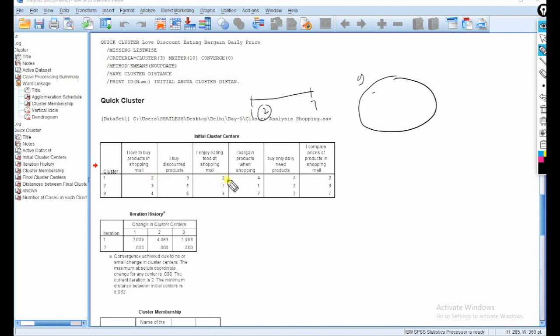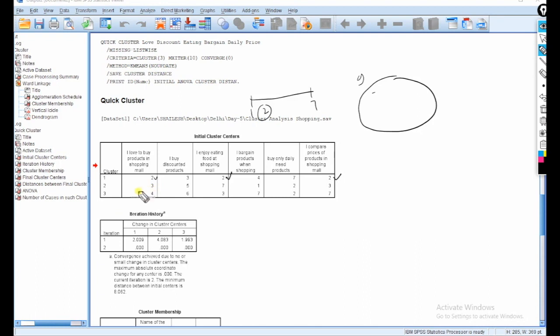Another low rating is I enjoy eating food, so they do not enjoy food in shopping mall. Another is I compare prices of products in shopping mall. These are buyers who do not enjoy the shopping mall, so we can name them passive buyers or something else.